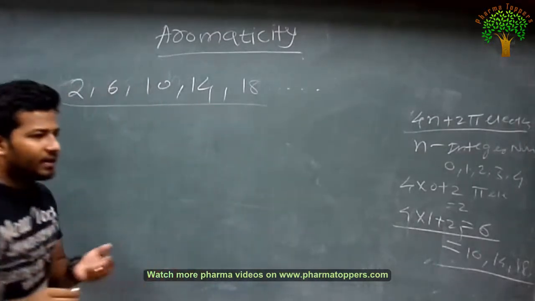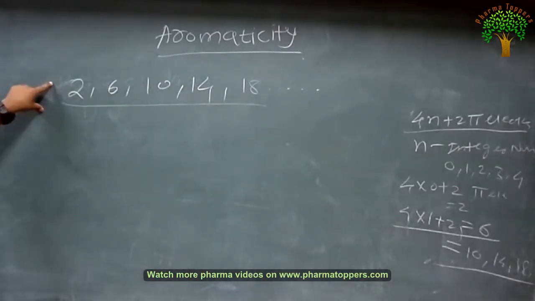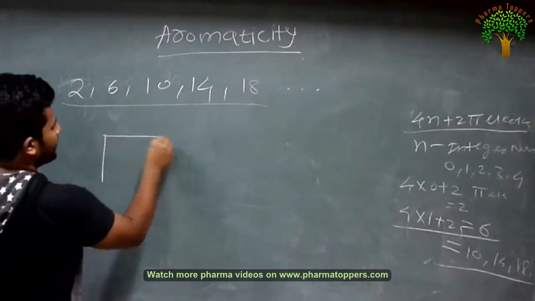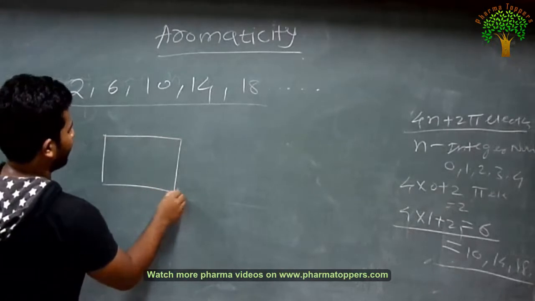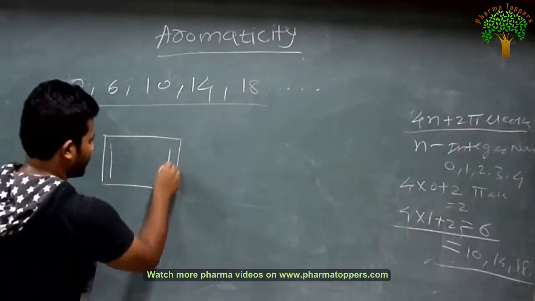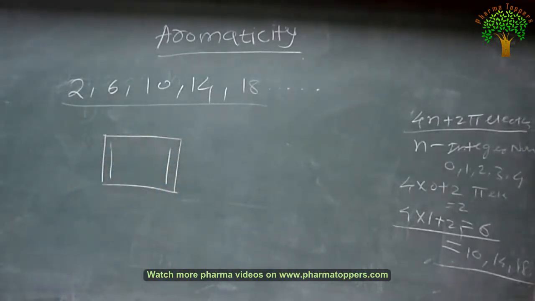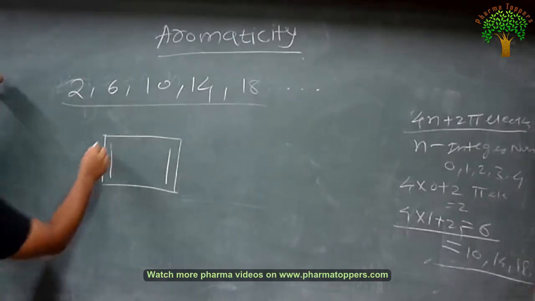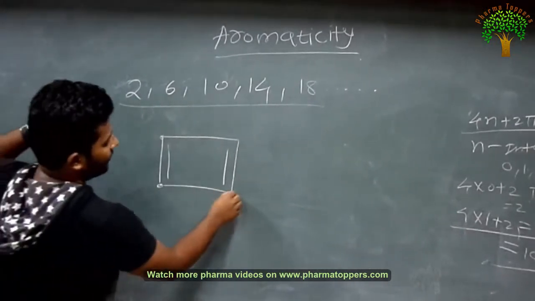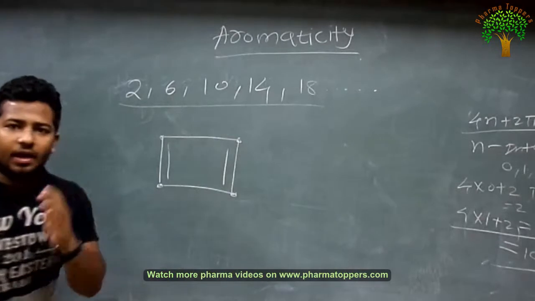But some rings do not contain this number of electrons. Suppose see the example of this cyclobutene. Sorry, this is butene, simply a cyclic ring. Then apply our aromatic rules.